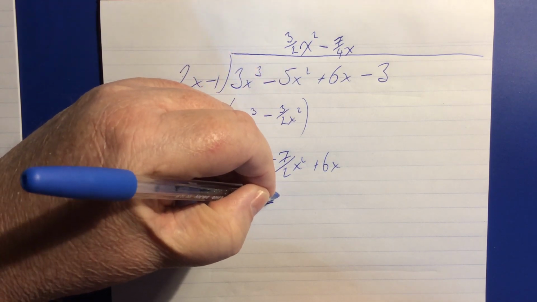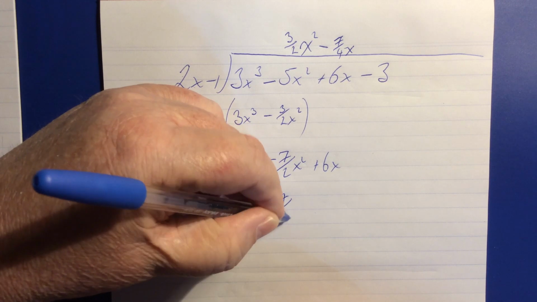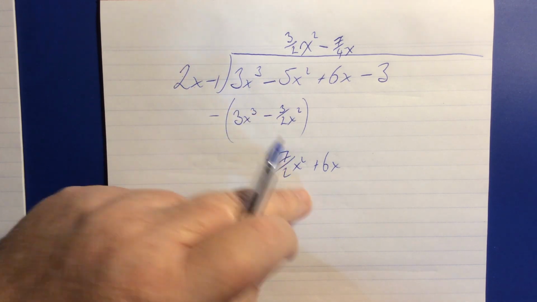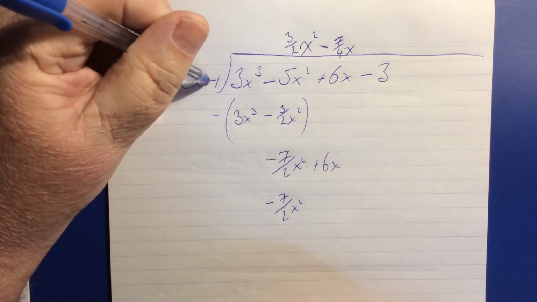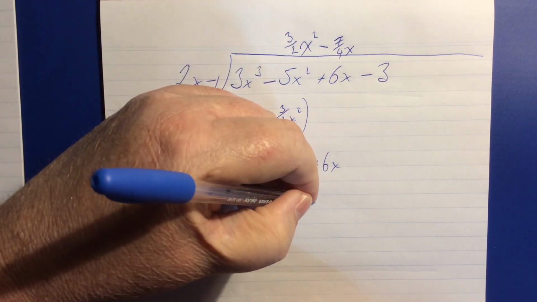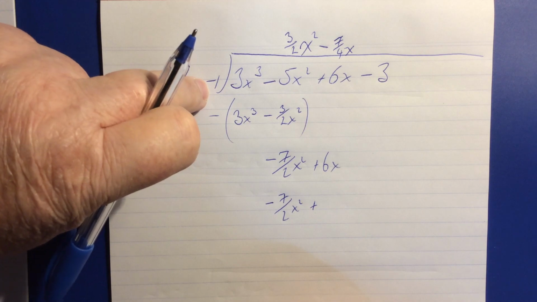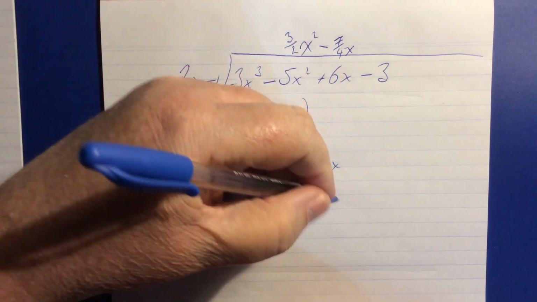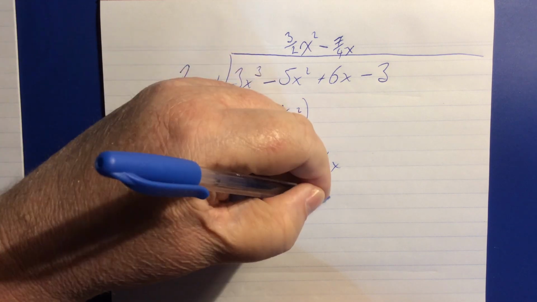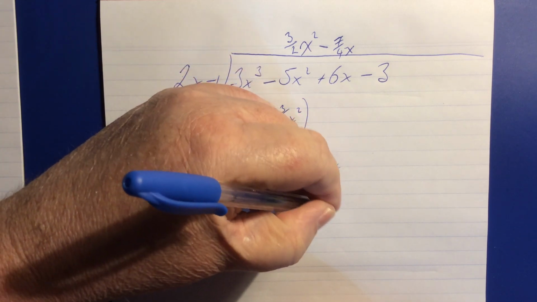Well, it gives me negative 7 over 2x squared, which will effectively deal with this, plus negative 1 times negative 7 over 4, x will be plus 7 on 4x.